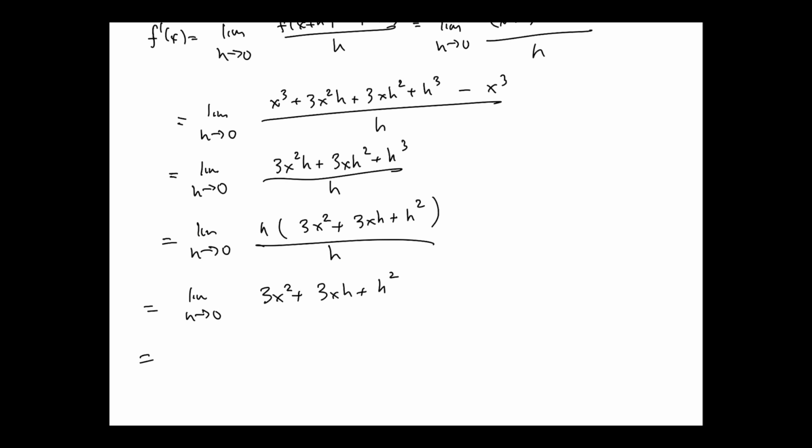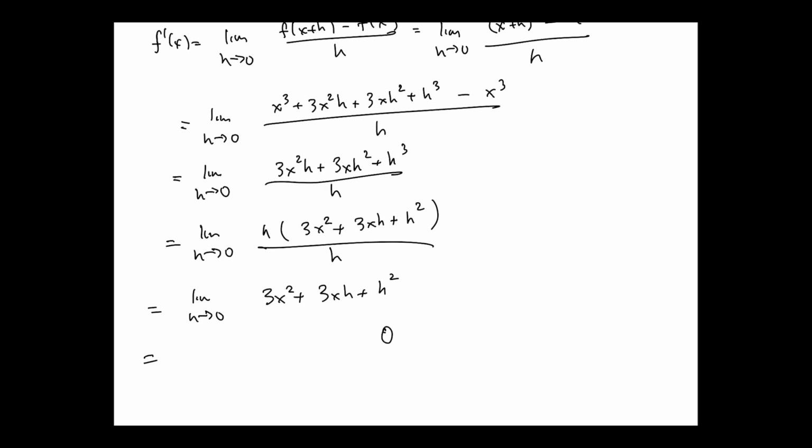So the hardest part on this one is the foiling, and like I said, just trust me for sake of time. Okay, now for the limit. Let's actually work it from the back to the front. So what's the limit as h goes to 0 of h squared? That one's 0, okay. What about 3xh?